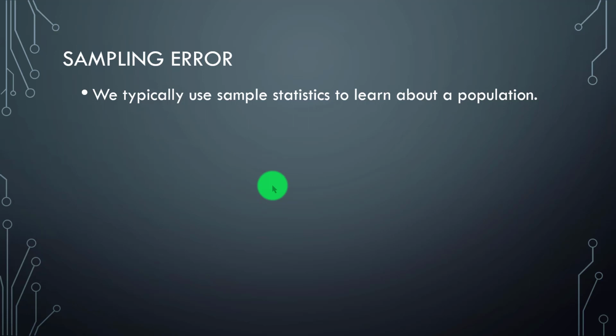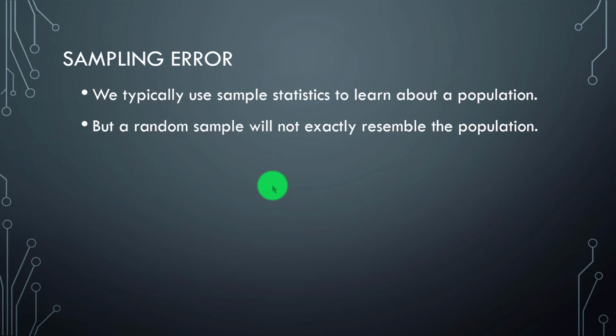Question: is a random sample going to look exactly like a population? Of course not. Because a sample, even if random, is only a subset of the population. It's probably not going to show all the diversity in that population. But this is to be expected.